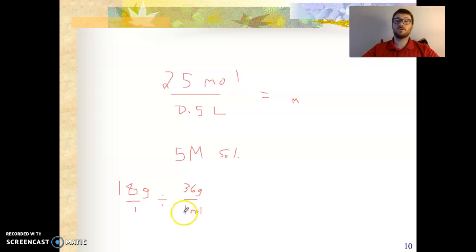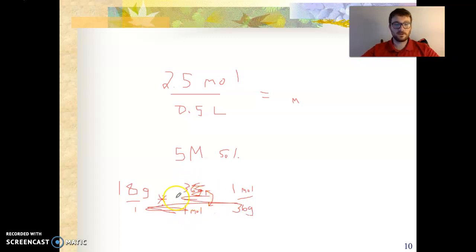When you divide these things, remember in algebra we learned keep, change, flip. So we keep, we change to a multiplication sign, we flip, and now we have 1 mole over 36 grams.